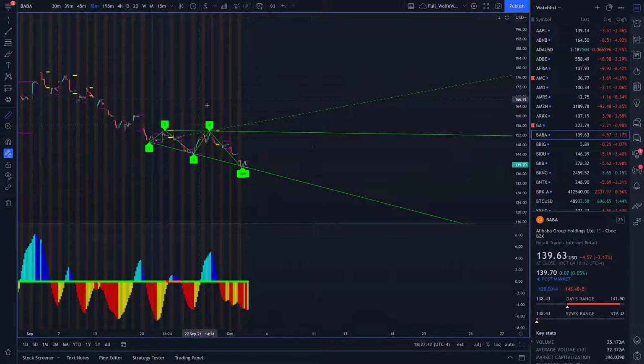Because it doesn't form an apex, this is a little bit less reliable. Still a valid setup, because setups are pretty much 50-50. But the ideal Wolfe Wave should have the lines that connect 2 and 4 and 1 and 3 form an apex.